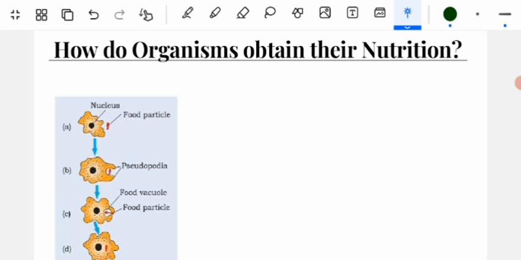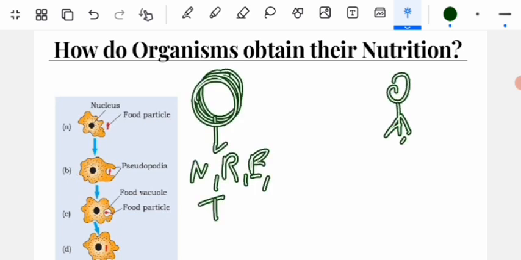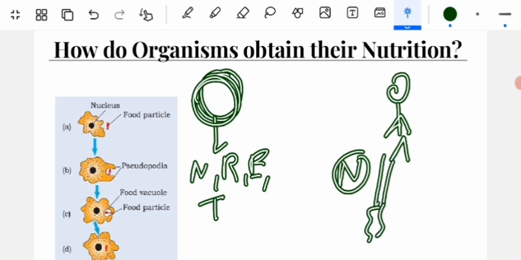ठीक है. Like when the organism is single celled, the respiration, nutrition, transportation, excretion, everything happens within that single cell only. If the organism is complex, then for nutrition only there is a separate system made up of a lot of organs. ऐसा है ना, like respiration is different, excretion is different.